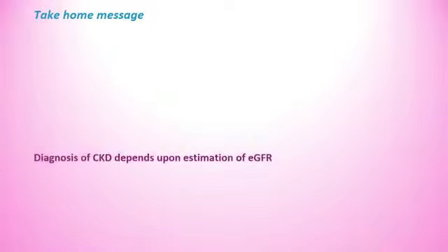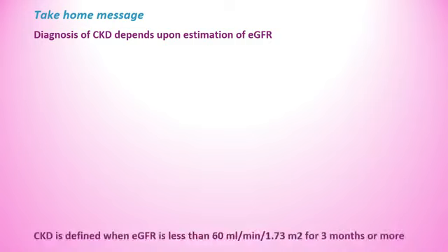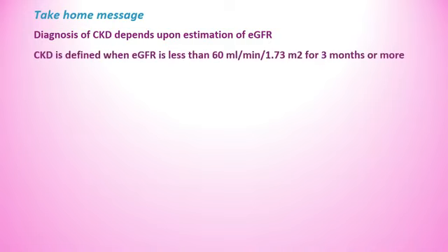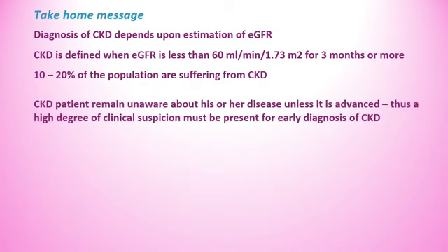The most important slide, take home message. Diagnosis of chronic kidney disease depends upon estimation of eGFR. CKD is defined when eGFR is less than 60 ml per minute per 1.73 meter square for 3 months or more. 10 to 20% of the population are suffering from chronic kidney disease.